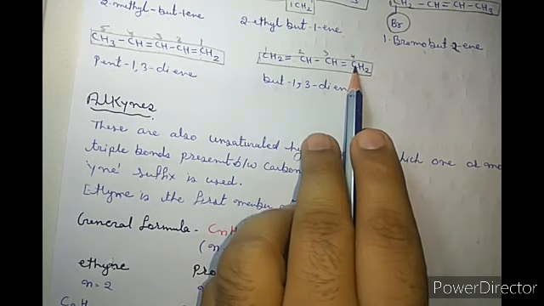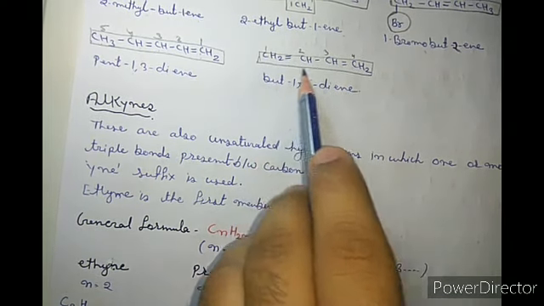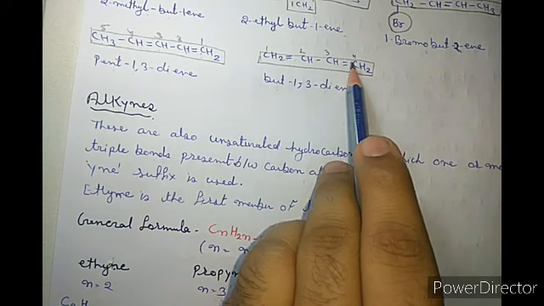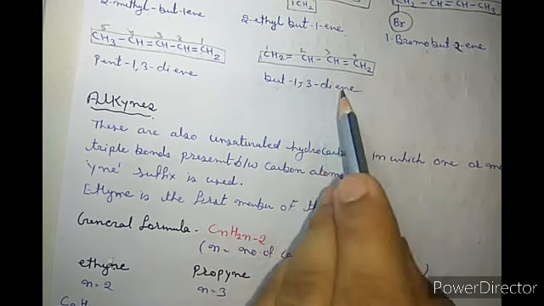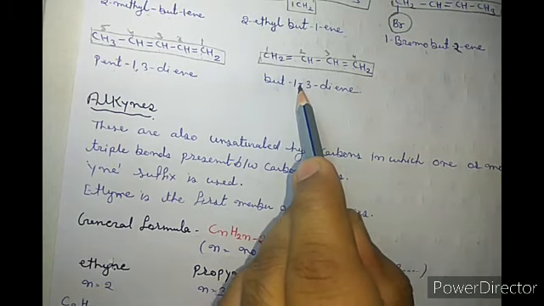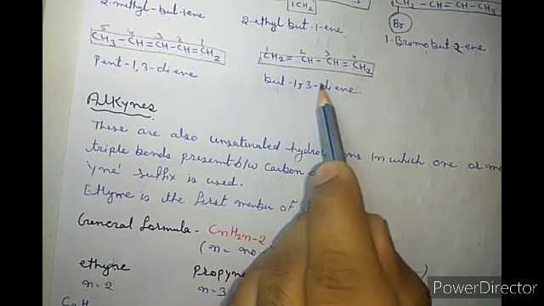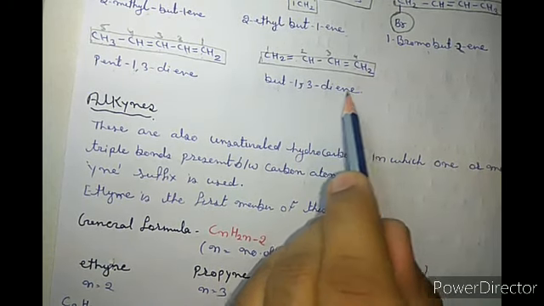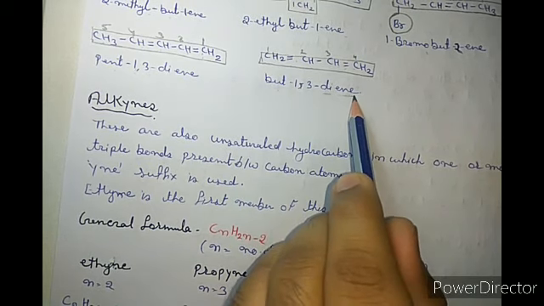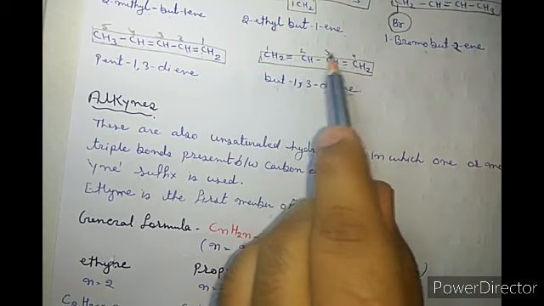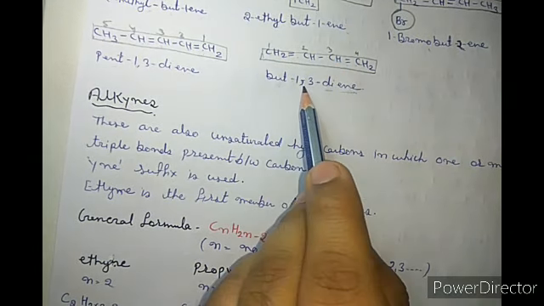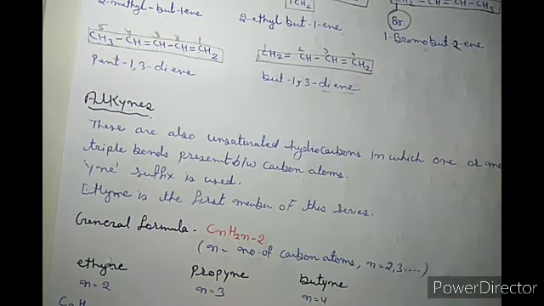In the main chain there are 4 carbons, so that is but. Double bonds are present at two positions, first and third. That's why it is 1, 3 diene. Di for 2, ene for double bond, and 1, 3 are their positions. So the name becomes but 1, 3 diene.